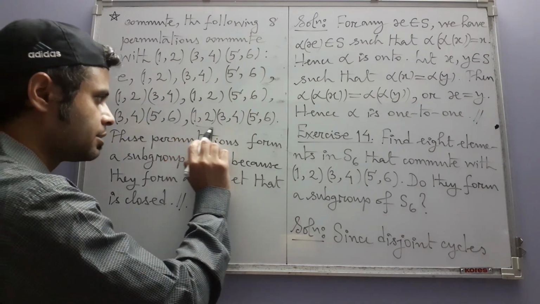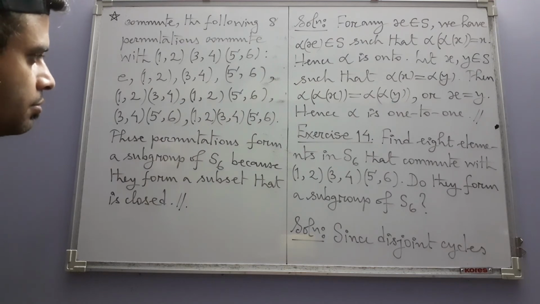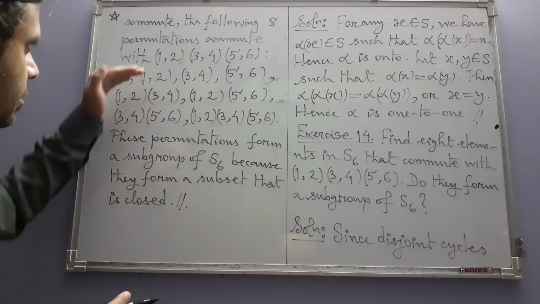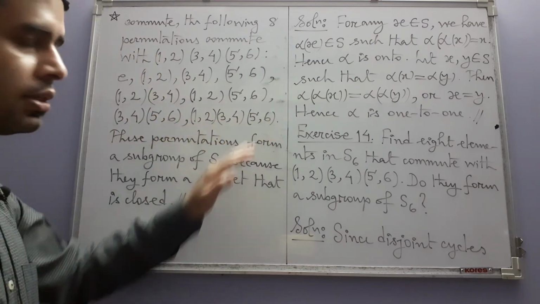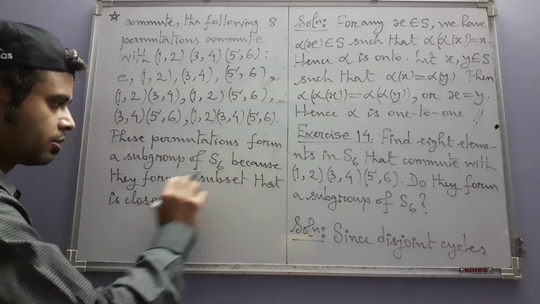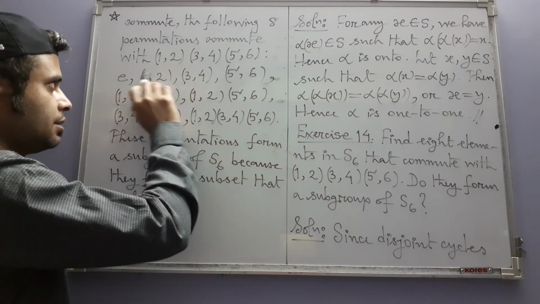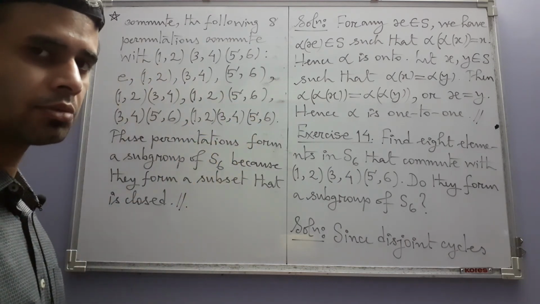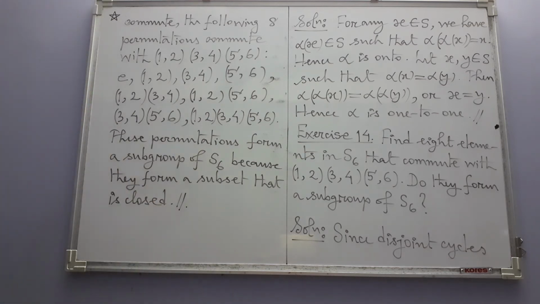It is the normalizer of this. That, however, we are not claiming. We are not saying that these are the only elements in S6 which commute with this given element. That is why I am not writing normalizer, because if we can identify this as the normalizer of something, then automatically it is a subgroup. Normalizers are subgroups. So the solution ends here.